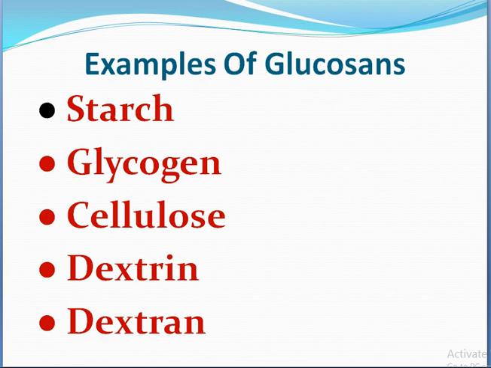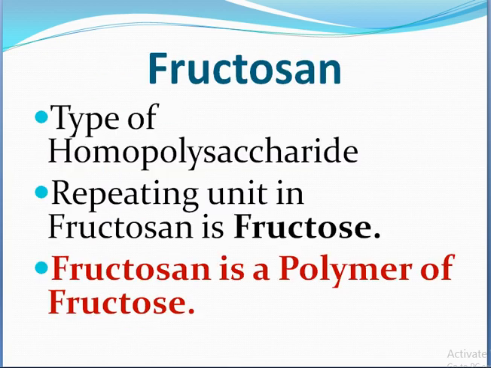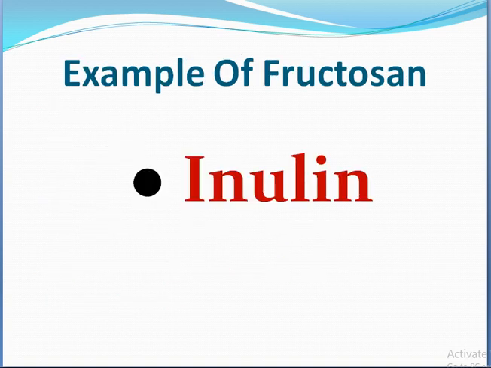On the other hand, fructosan is a type of homopolysaccharide. The repeating unit of fructosan is fructose. Fructosan is a polymer of fructose. An example is inulin.